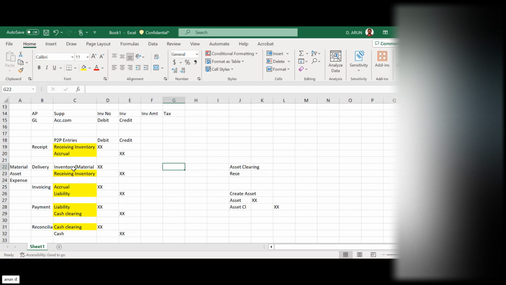In that case, this will be categorized as an expense item, because we will not be able to create this as inventory since this is not an actual material. Similarly, we will not be able to book this as an asset because we are not going to use it; we have already consumed it and are paying for the consumption we have made. So this will be expense, and I'll have, let's say, electricity charges. This is how we will define it.